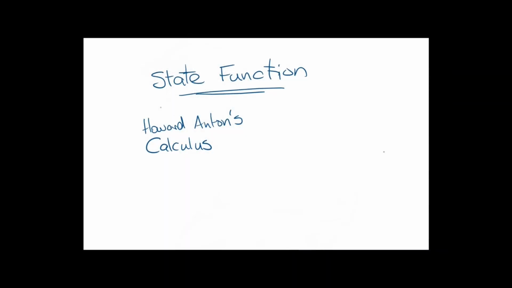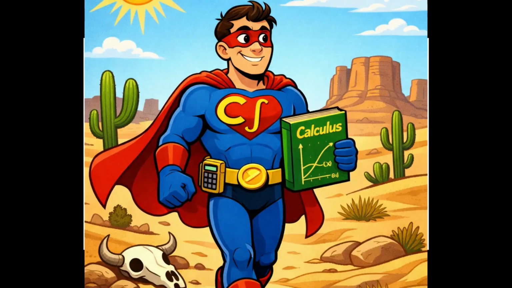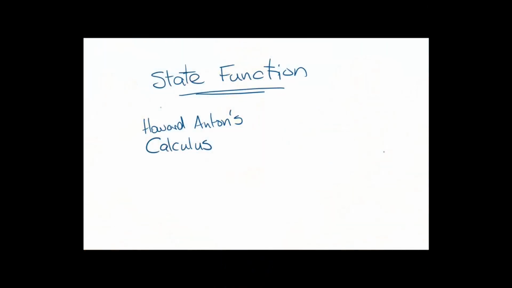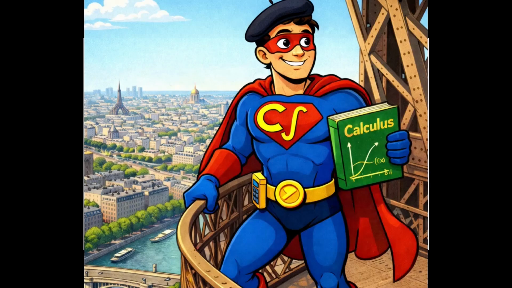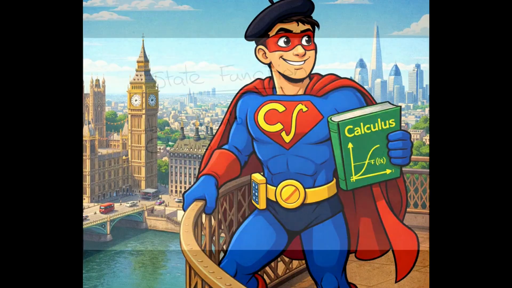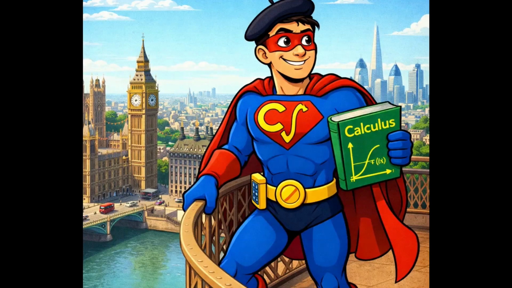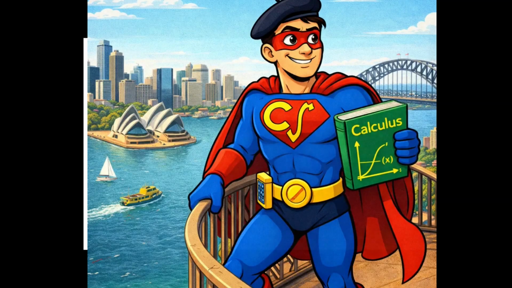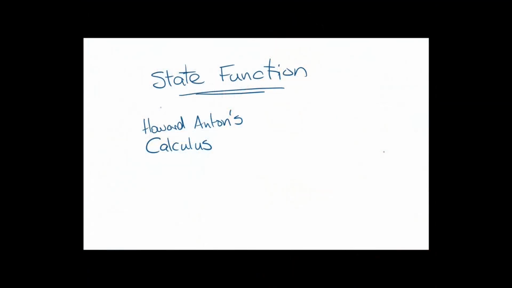And then I take my Howard Anton's Calculus book and I walk across Death Valley to Las Vegas. And from there I take a flight to Paris, still with my calculus book. And then I figure, well, I'm pretty close to the UK. I'll go visit London. So I go to London with my calculus book. And then I take my calculus book to Sydney. And then I catch the plane home to Wellington.